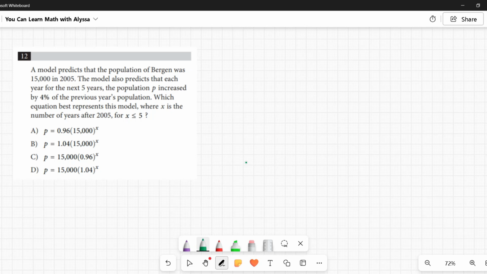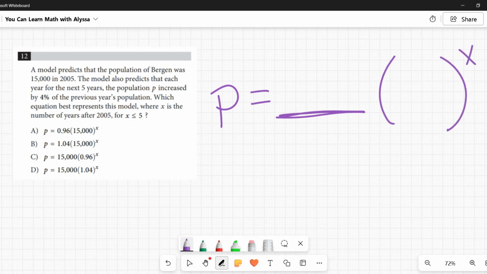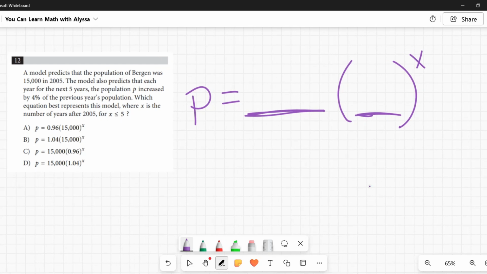Okay. Population growth equation. They use this a lot. Okay, and so it's population equals, and then this first number that's in front of the parentheses, and then we have a number inside the parentheses, and then we have this x up here. Okay, they're going to use this a lot.